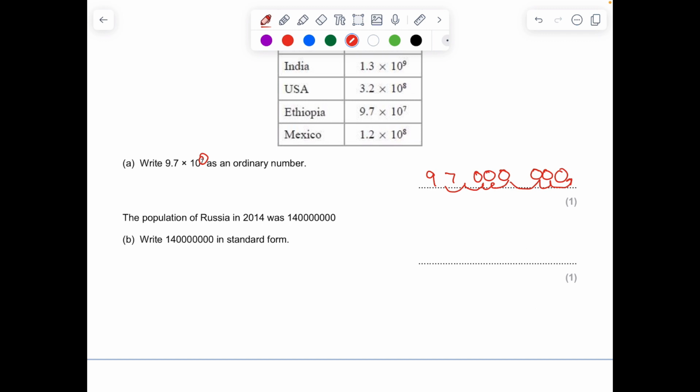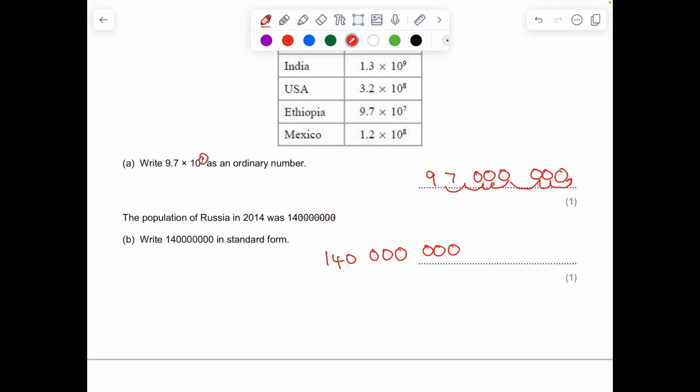Right, the population of Russia in 2014 was 140 million. Write it in standard form. So I just want to make sure I've got enough zeros there. So 1, 2, 3, 4, 5, 6, 7.